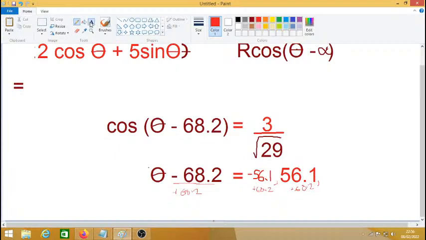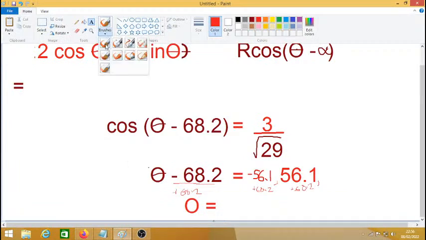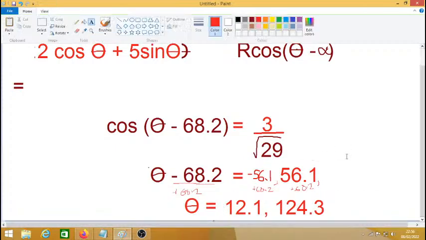So I'll end up with just theta on the left is equal to, and once I've added the 68.2, the minus 56.1 becomes 12.1. That's your first solution. And then your second solution, the 56.1, once I add 68.2 to that, I get 124.3. And that's how you solve the equation.